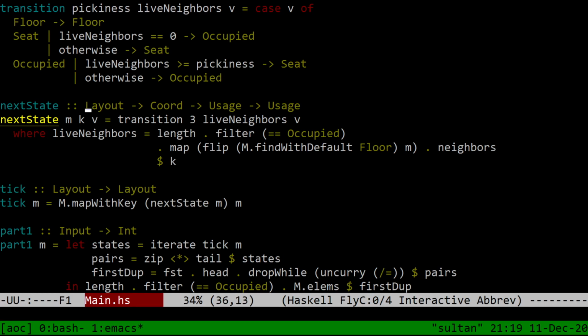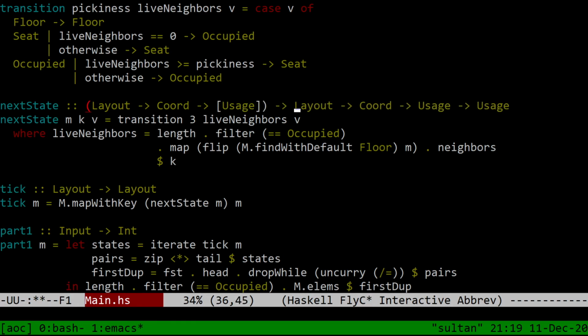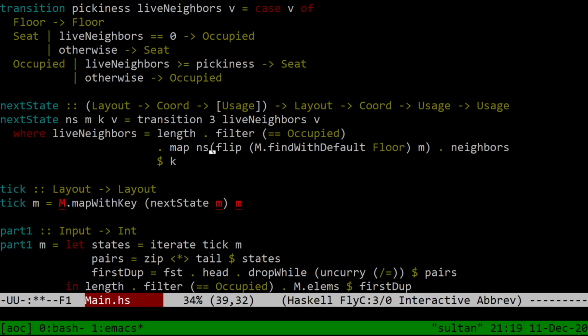So we want to take in a function from, what did I say? Layout, coord, usage. And I think here we just want ends.